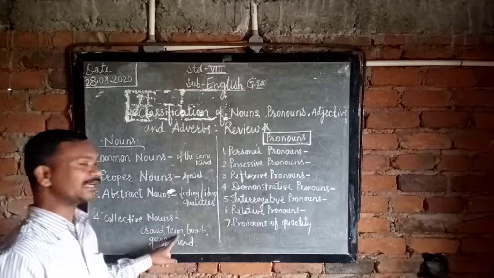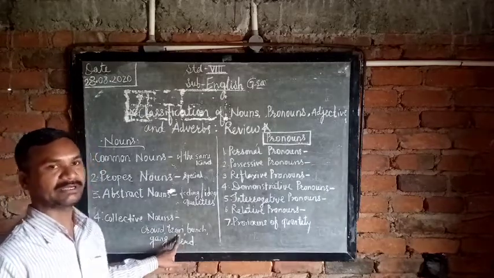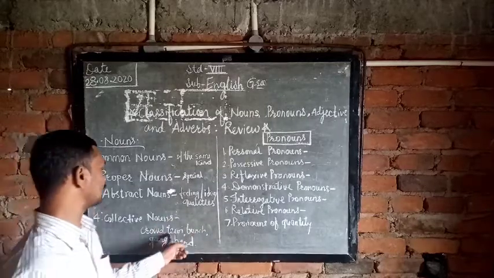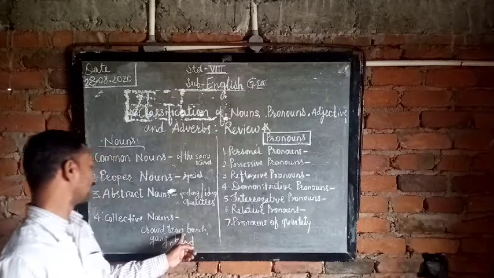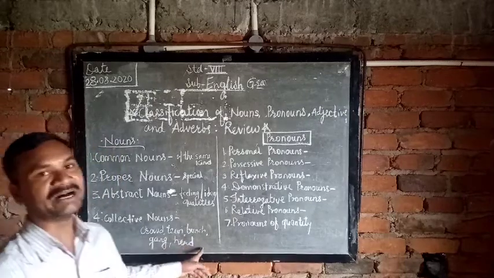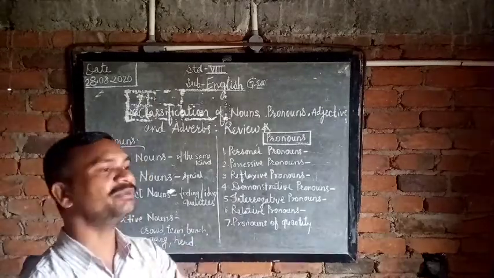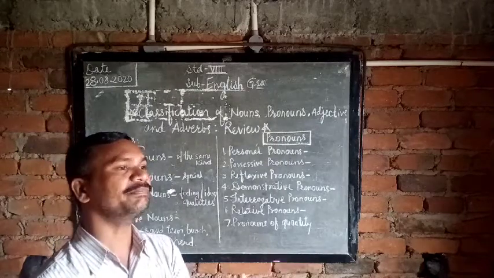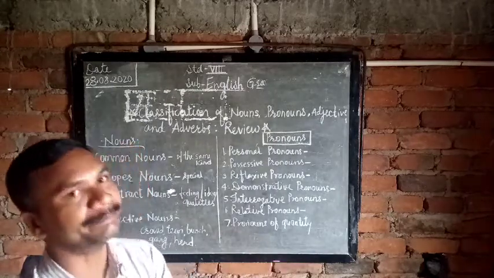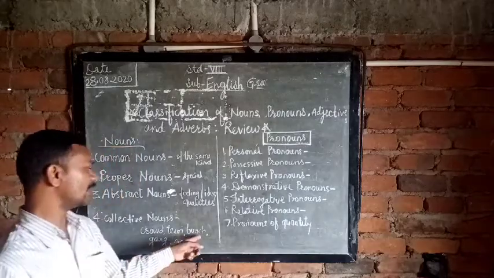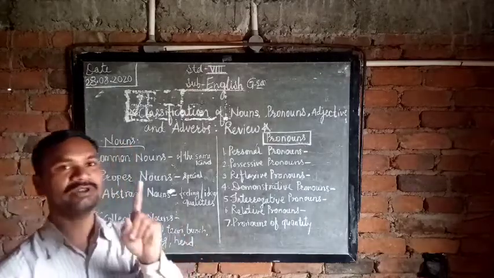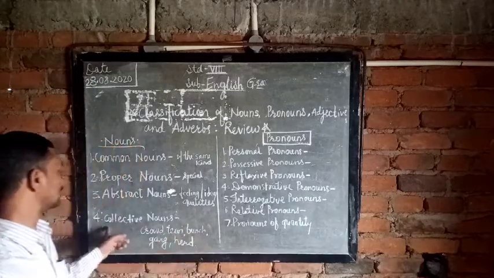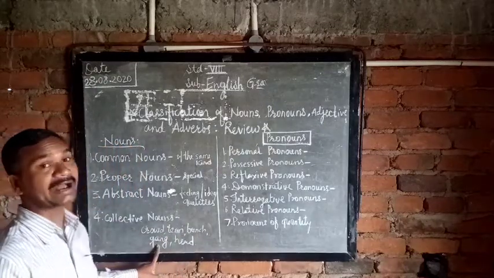When you talk about a team, no single person comes. That's why this is a collective noun. Bunch of keys: when someone demands, give me the bunch of keys, the person gives not only one key, but the bunch, so this is a collective noun.